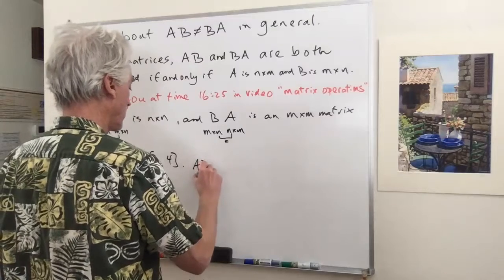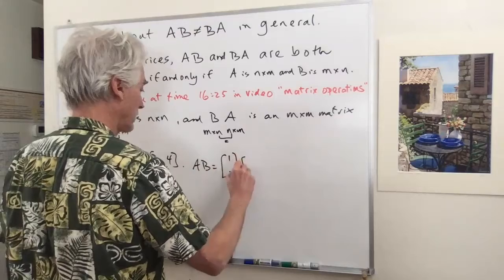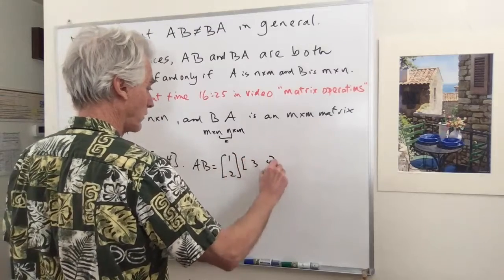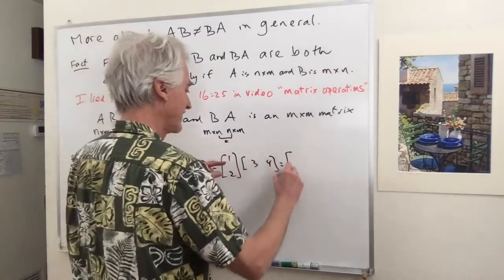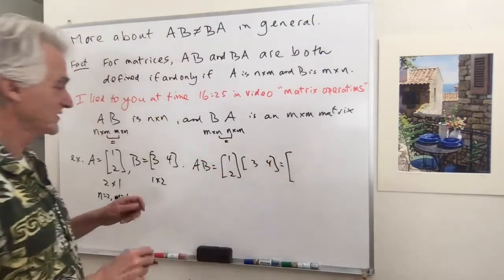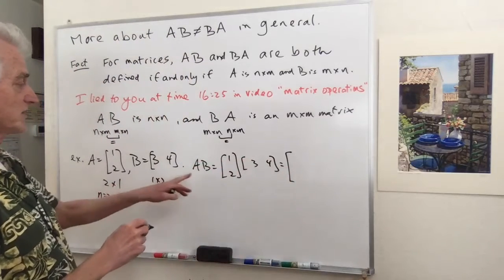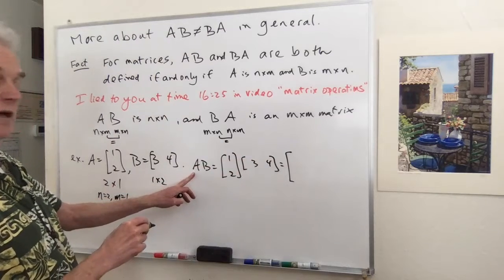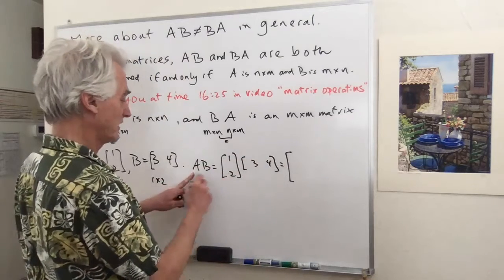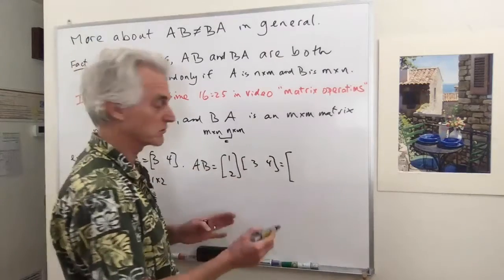AB is going to be 1, 2, 3, 4. What is it going to be? It's going to be a 2 by 2 matrix, right? That's a 2 by 1 and a 1 by 2, so this whole thing is a 2 by 2 matrix.